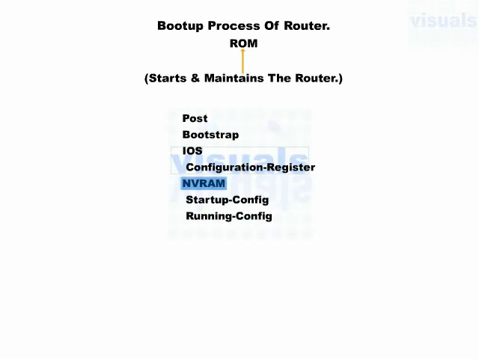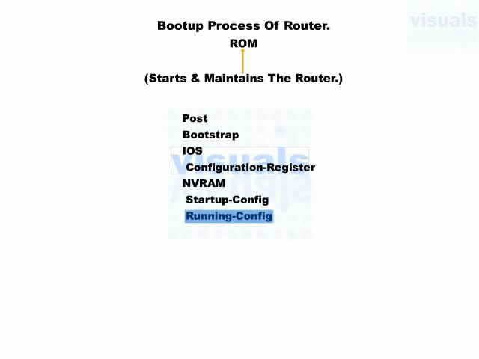During the boot up process, after loading the IOS image from flash memory, the IOS then finds the configuration file in NVRAM. If IOS gets the configuration file in NVRAM, then it loads this configuration to RAM. There are two terms used: startup config and running config.